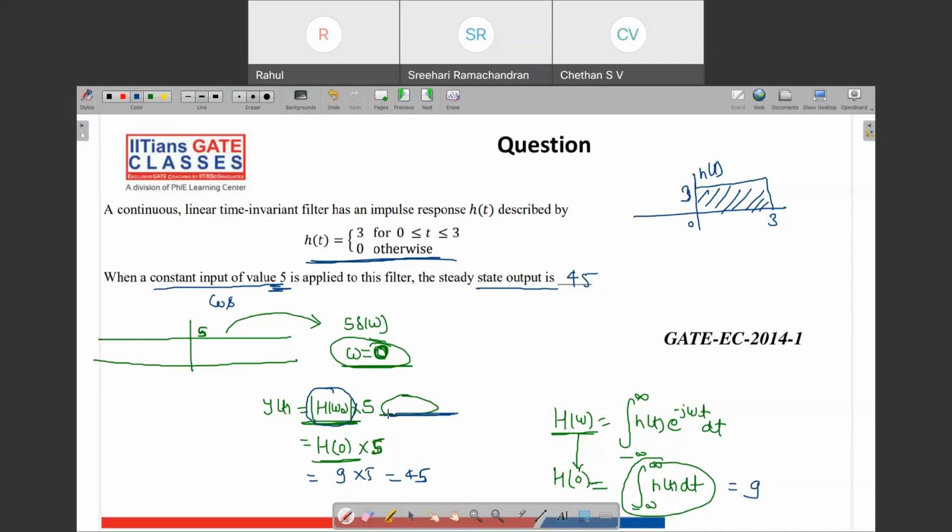In this case you don't need to find the phase. In that case you need to calculate h of omega. Here we got away with this because we just need to calculate h of 0, which is pretty easy by this formula. But if it were some other omega, let's say omega not equal to 2 or something, then you need to find h of omega and proceed with that. Anyone has any doubt here? Clear. Okay.